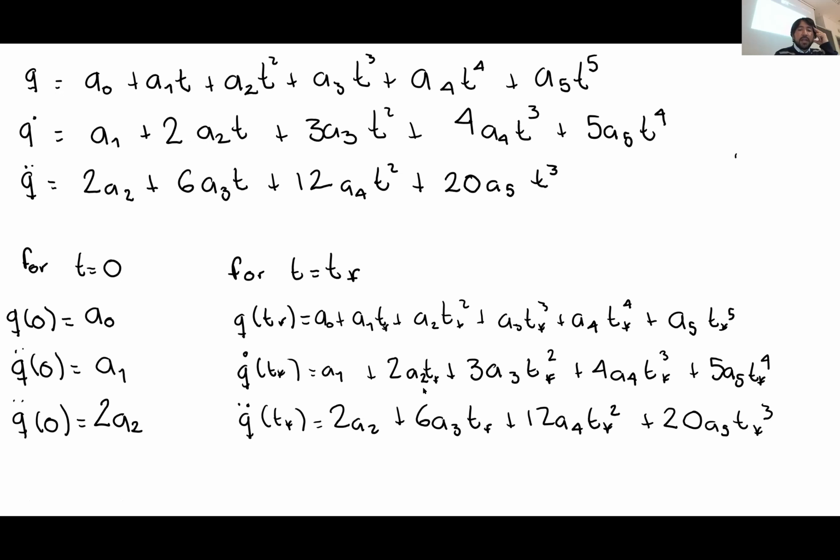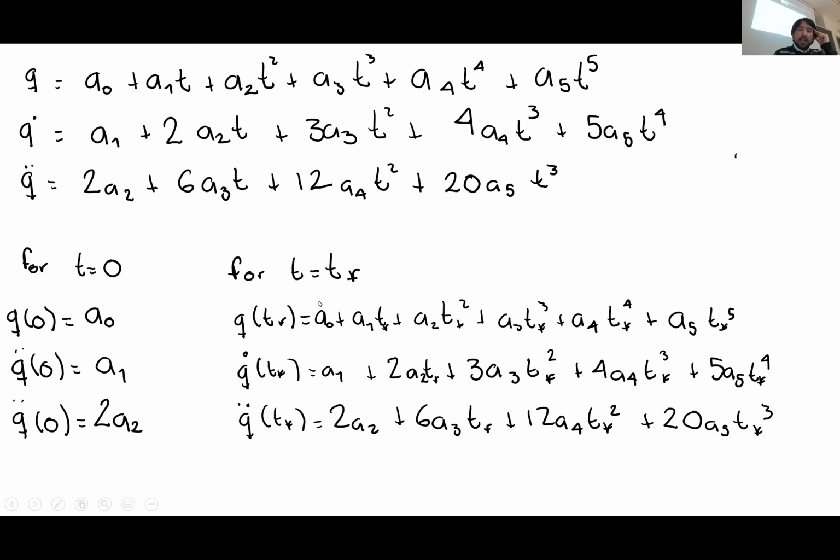Then these are the equations for time equals TF. TF is a value that we define, which says how fast we want to move from one point to the other, the time it's going to take. When I say point, it's any kind of trajectory. In this case it's, let's say, a circular trajectory, but it can be any type.